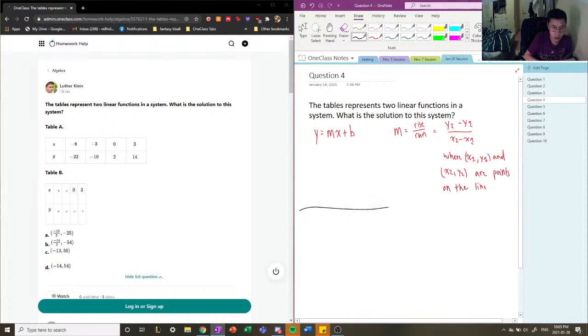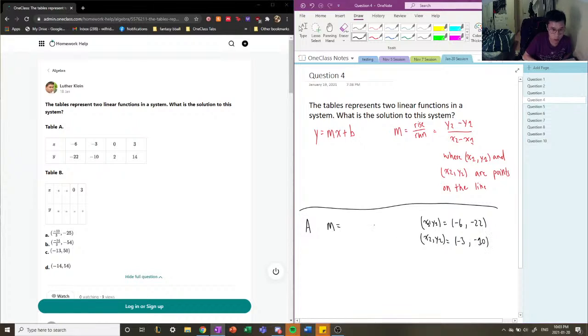So let's talk about our first line, which I'm going to label as A. First we're going to calculate the slope. We're going to use these first 2 points here: -6 and -22, and -3 and -10. Let me label my points first, so it's not confusing. We're going to have x1, y1 be -6 and -22, and x2, y2 be -3 and -10.